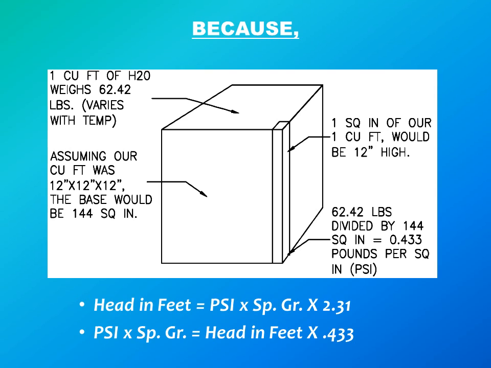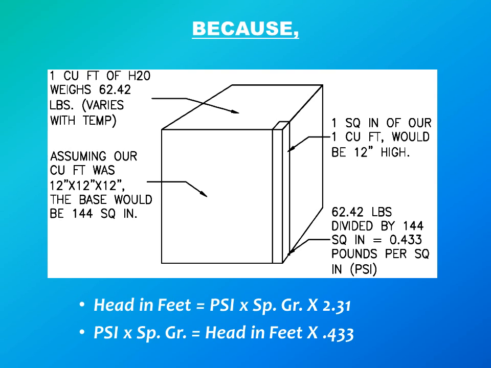So if you have a column of water 1 foot high and it covers 1 square inch area, this will weigh 0.433 pounds. That's where it comes from. I like to explain that to people so that they understand it's not an arbitrary number. This is where it came from.